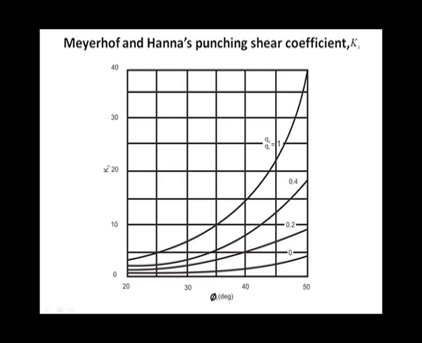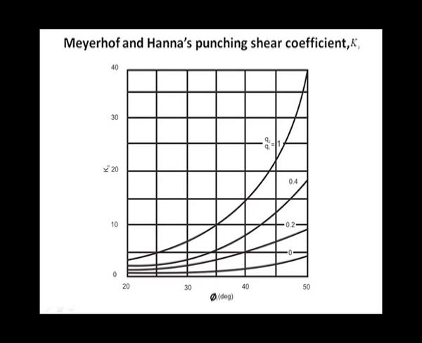Now, if we go for this chart, this is the chart presented by Meyerhof and Hanna 1978, and the source is also this book. As I have mentioned, this punching shear coefficient K s is a function of Q 2 by Q 1 and phi 1.